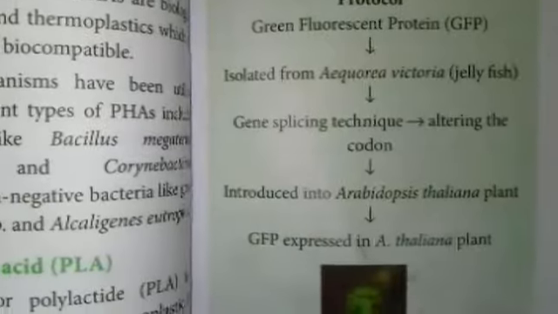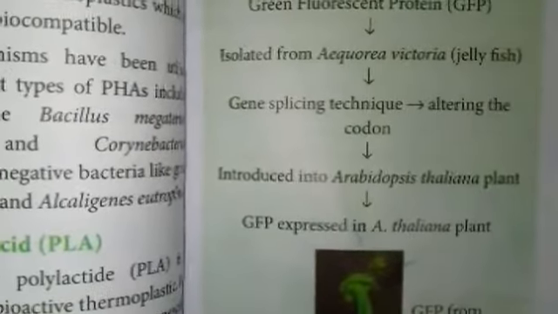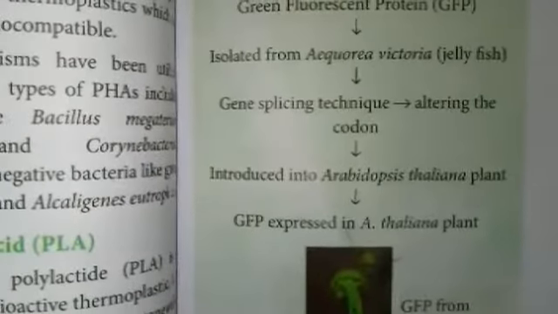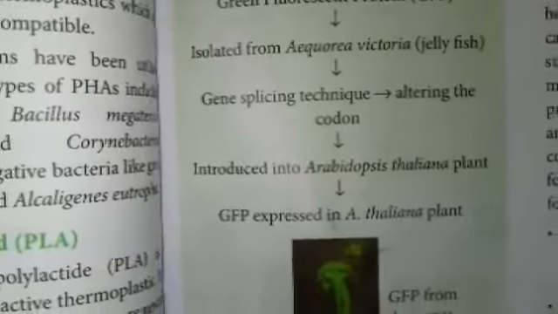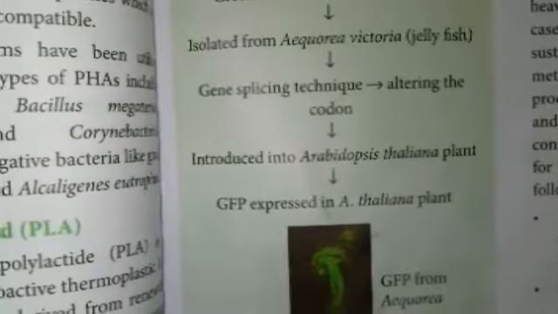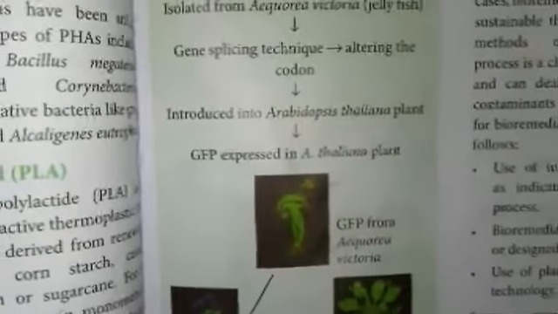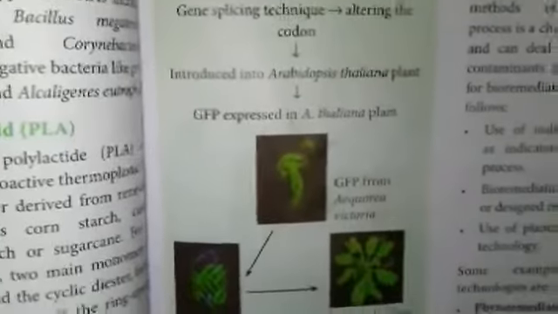The gene splicing technology: gene splicing means the donor DNA and the vector DNA are cut by using restriction endonuclease, and both the DNAs are joined by using DNA ligase. Then the codon of the protein code is altered and introduced into Arabidopsis thaliana, using a cloning vector.